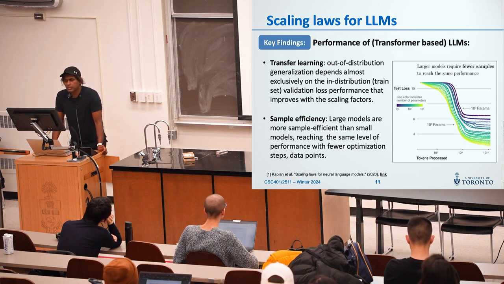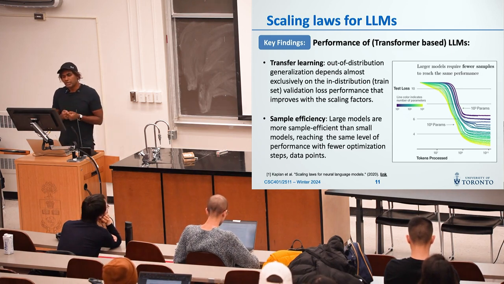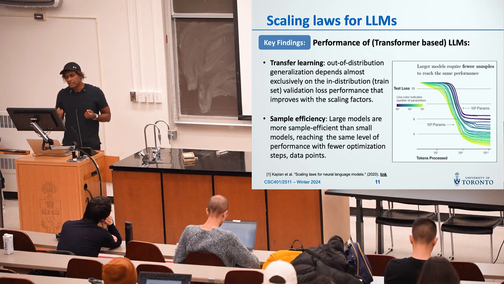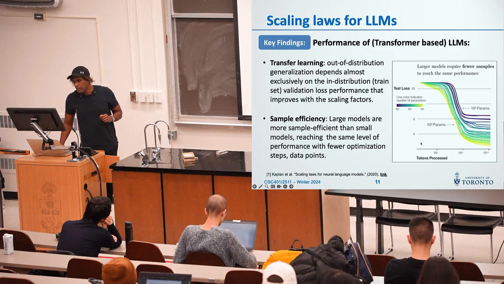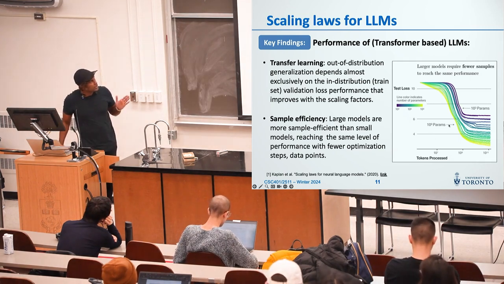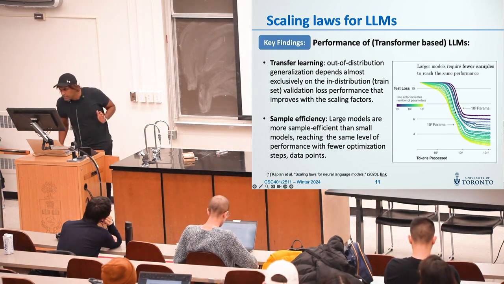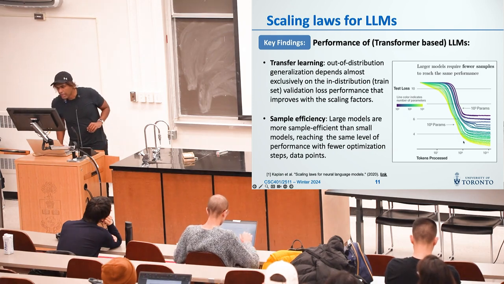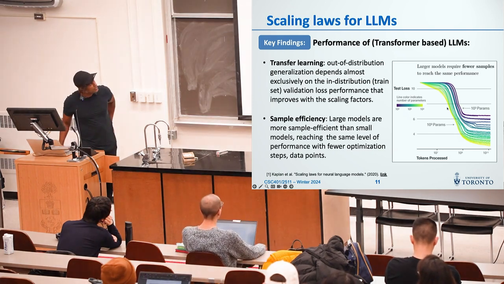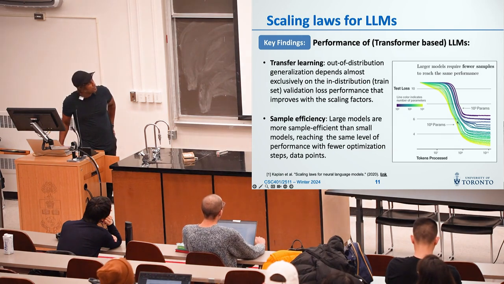And also transfer learning. Out-of-distribution generalization depends almost exclusively on the validation loss, which improves with scaling factors. If you look at the right-hand side curve, from blue to yellow the model size is increasing, and larger models have much better performance than the smaller models denoted by blue curves.